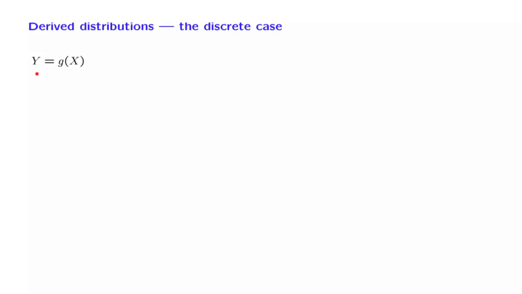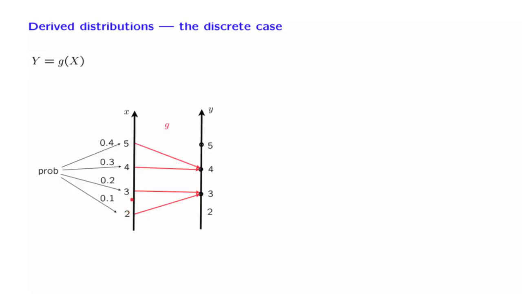Here is a simple example. The random variable x takes the values 2, 3, 4, and 5 with the probabilities given in the figure, and y is the function indicated here. Then, for example, the probability that y takes a value of 4, this is also the value of the PMF of y evaluated at 4, is simply the sum of the probabilities of the possible values of x that give rise to a value of y that is equal to 4.